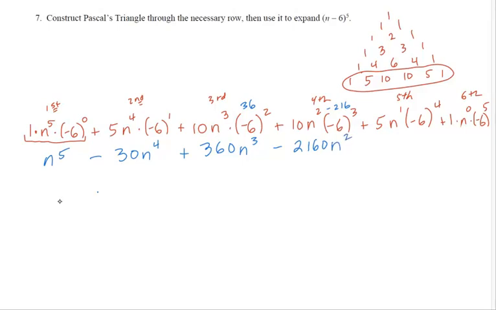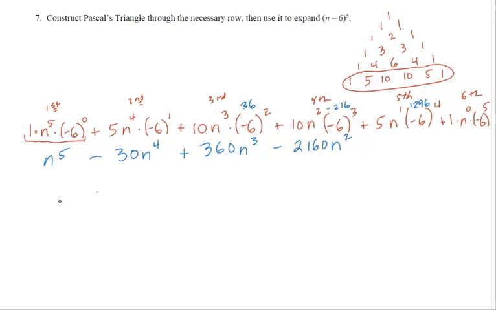All right, when we get to term 5, we raise -6. So in your calculator, you need to put -6 in parentheses before you raise it to the 4th power. So that's 1,296. And now multiply that by 5.